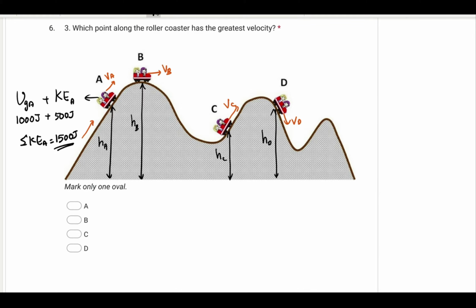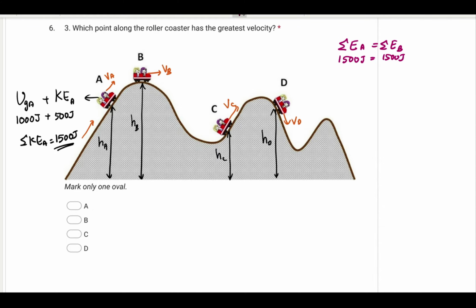And then the roller coaster will move to point B, right? At point B, what is the total energy at point B? So remember the conservation of energy, that total energy at point A is equal to total energy at point B. Jadi kalau dekat point A 1500 joule, means that at point B pun akan sama lah 1500 joule.